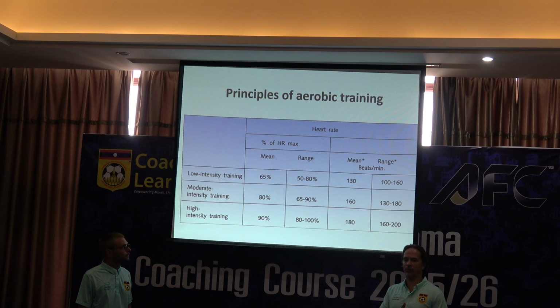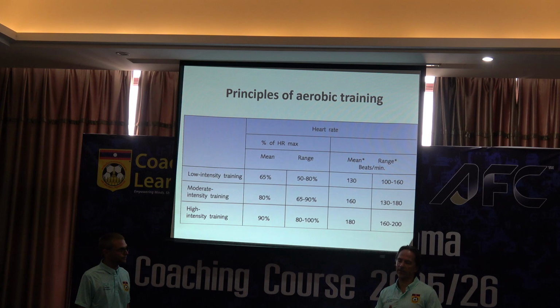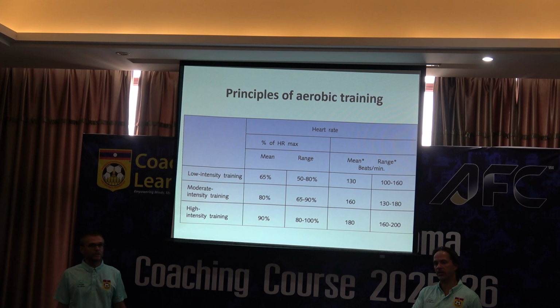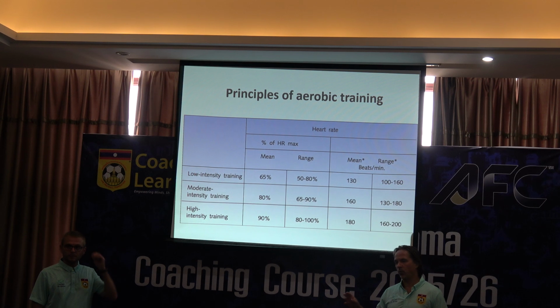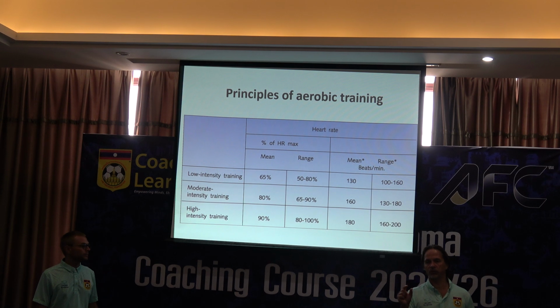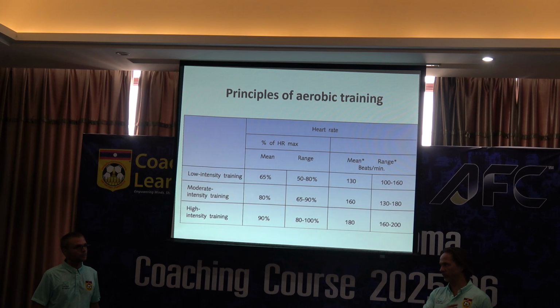But the type of drills that I showed you today, the one with going back and forth over the line, the extent of sidelines, those types of drills where we have some rules that enforce the players to move.